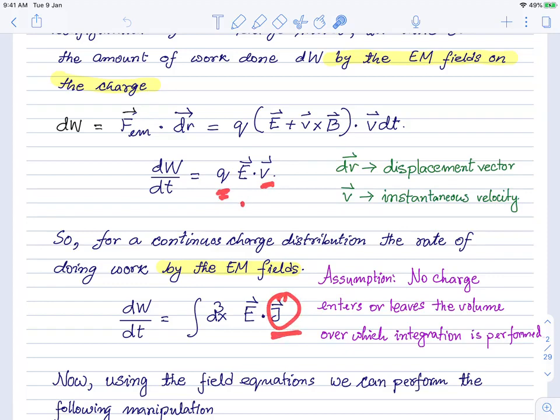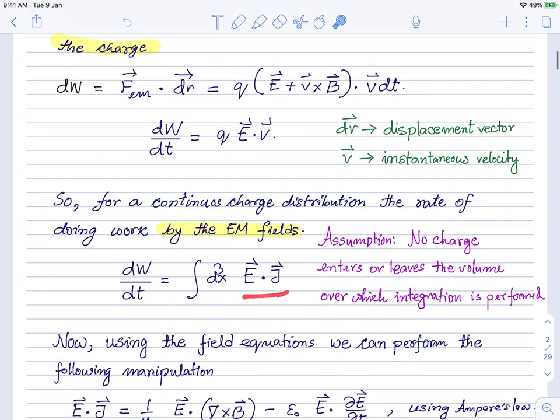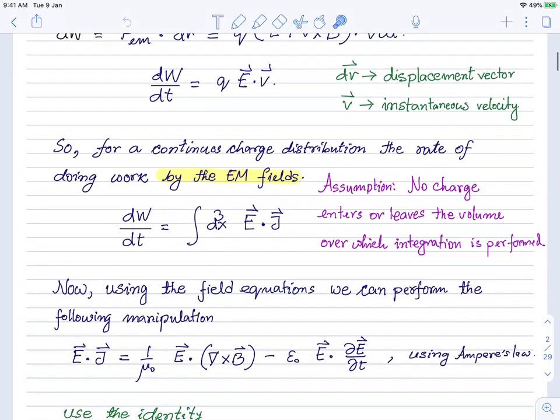So this rate of doing work is nothing but the volume integral of E dot J. This E dot J has the interpretation of a density: it is the rate of work done per unit volume. If I integrate that, I get the rate of doing work by the electric field on the charges.